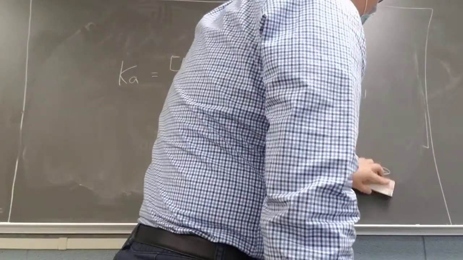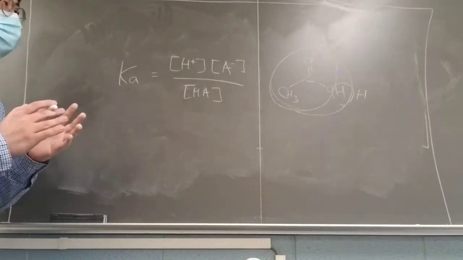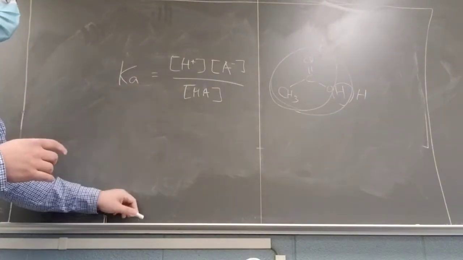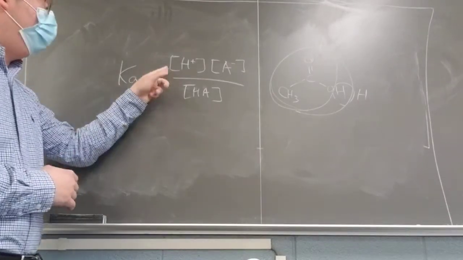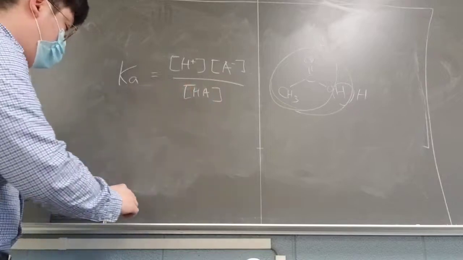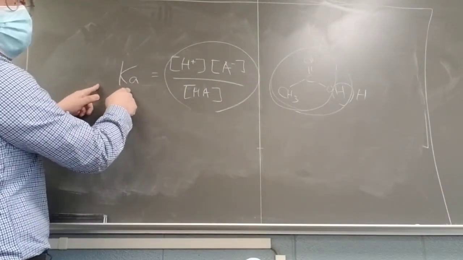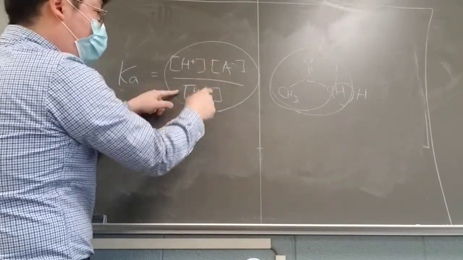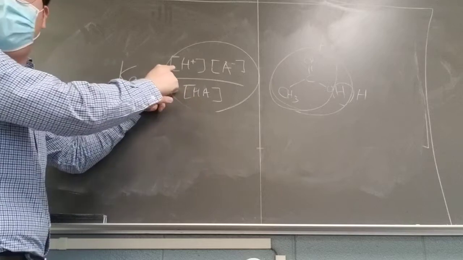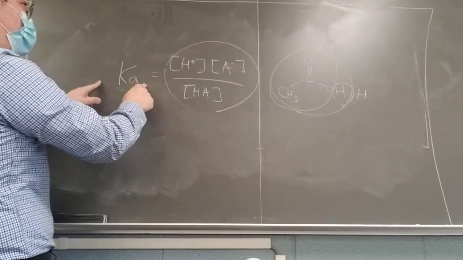Okay. I'm going to show you how to use this Ka value. If you have a higher number for Ka, it means a stronger acid. Looking at this equation, a higher Ka means a higher number in the numerator than the denominator, which makes the number bigger.